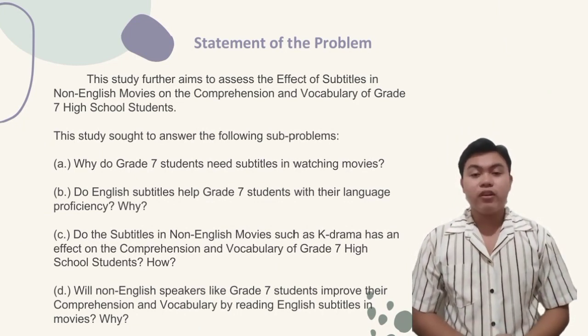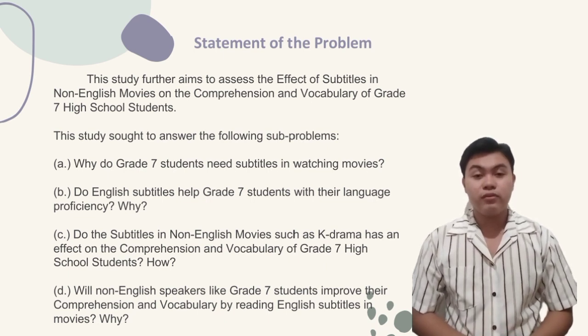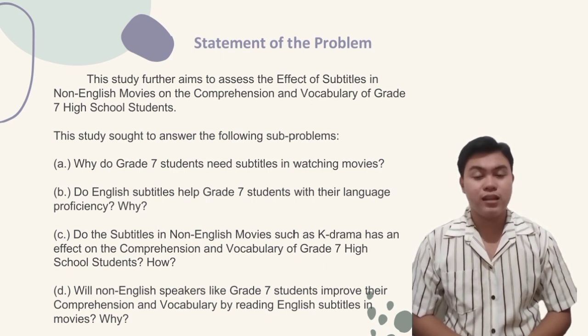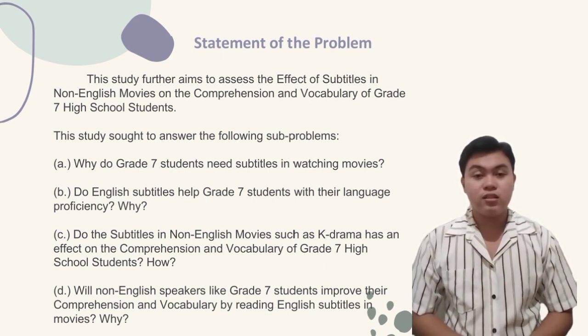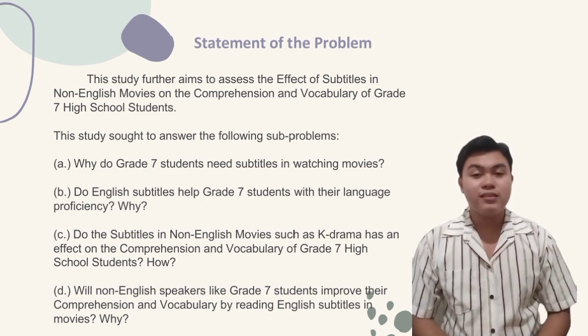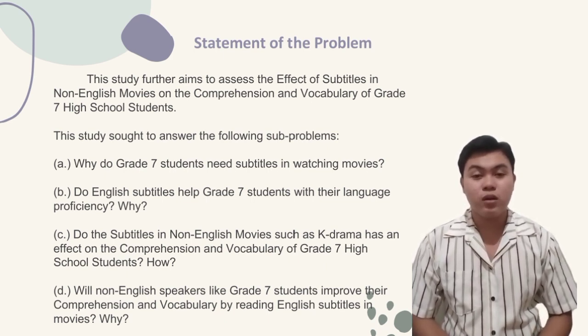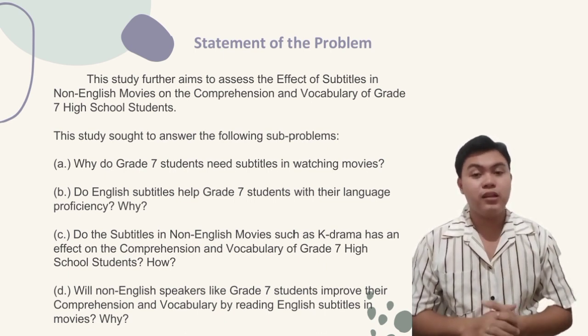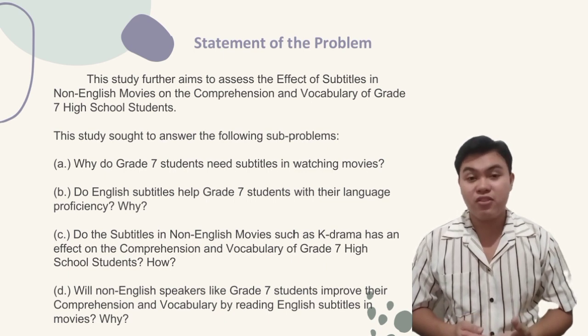This study further aims to assess the effect of subtitles in non-English movies on the comprehension and vocabulary of grade 7 high school students. This study sought to answer the following sub-problems. A. Why do grade 7 need subtitles in watching movies? B. Do English subtitles help grade 7 students with their language proficiency?